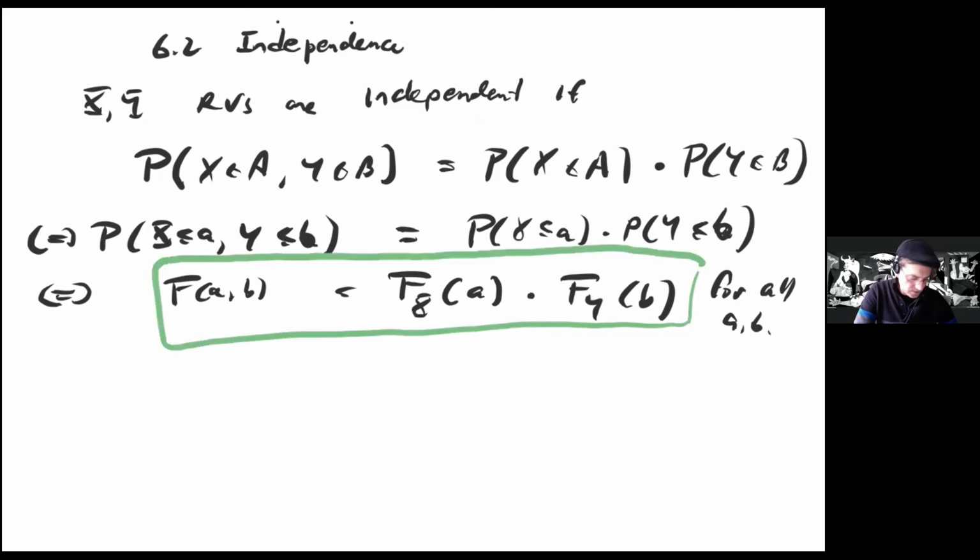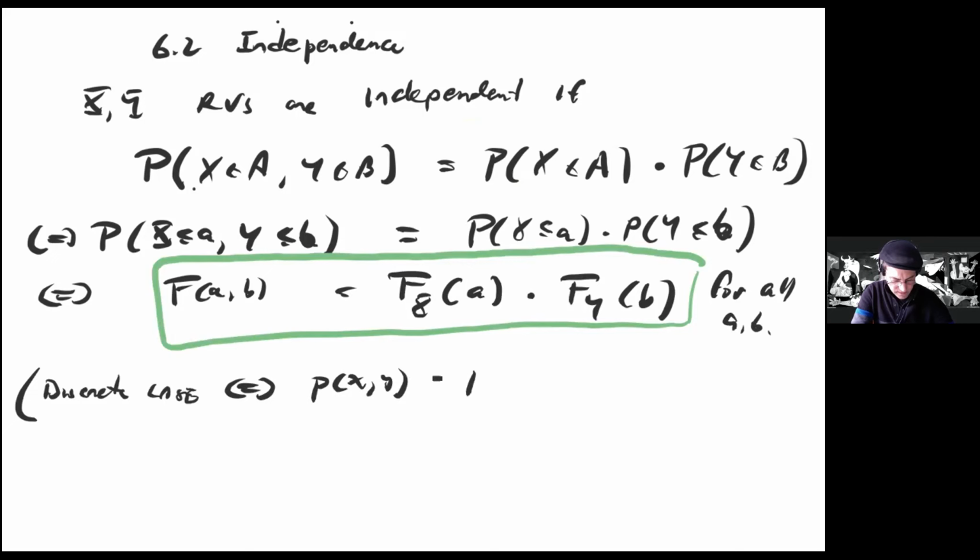We could also, in the discrete case, say the condition is equivalent to saying that the joint probability mass function is given by the product of the marginal mass functions.